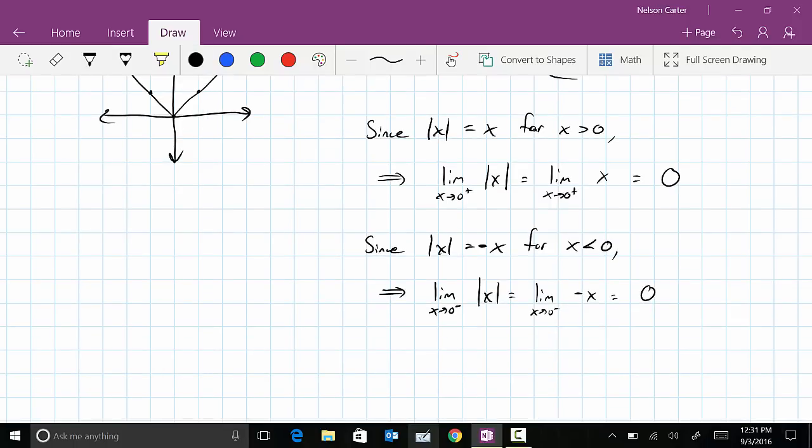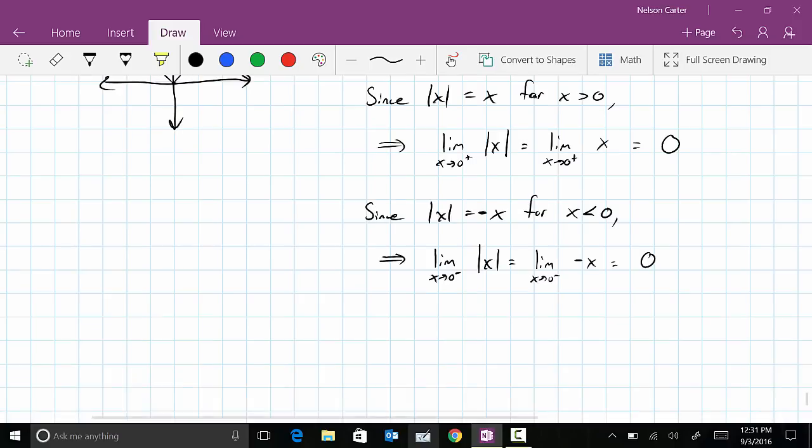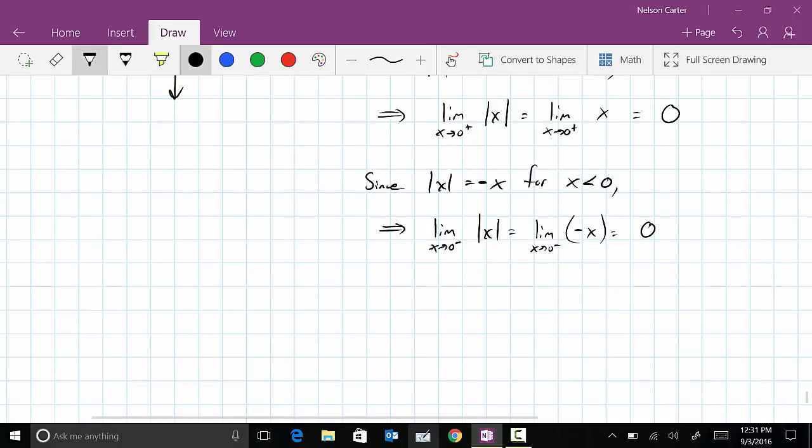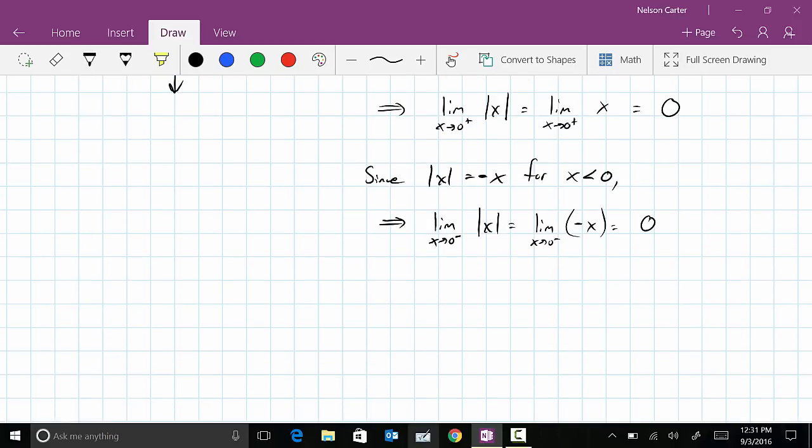Okay, so since that's the case, let me put that in parentheses. Since that's the case, what we've done is we've shown this.